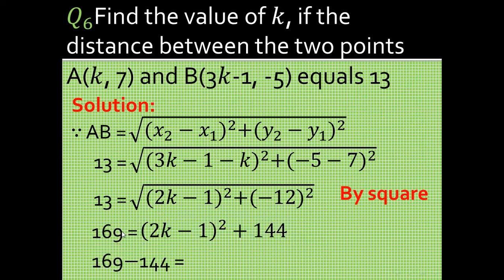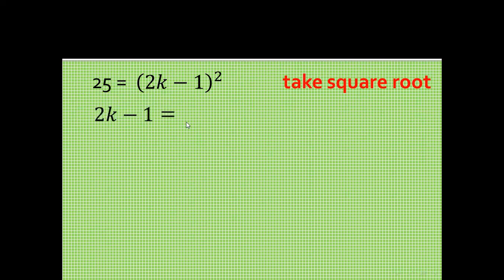Transform 144 to the other side: 25 equals (2k minus 1) squared. Taking the square root, 2k minus 1 equals root 25 equals positive or negative 5.